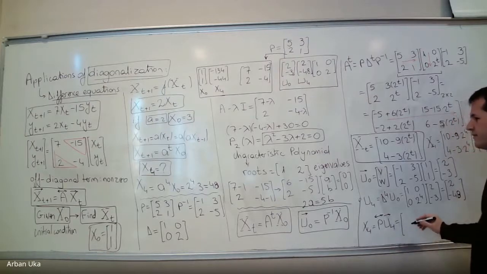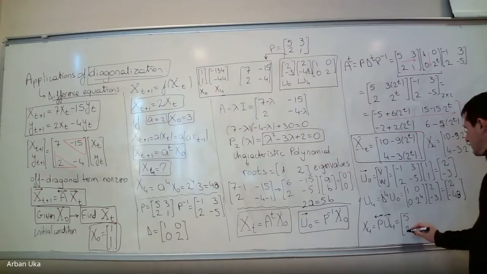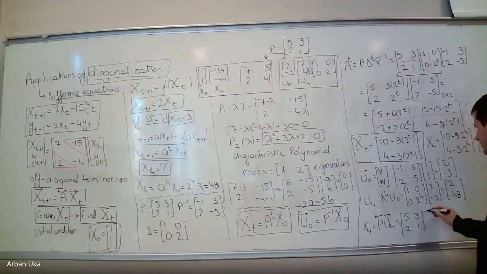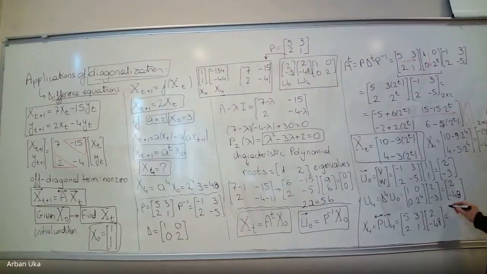So what is p? P is 5, 1, 2, 3 times u4, which is 2, minus 48. And this is equal to 5 times 2, 10, 10 minus 100, and 48 times 3 is 144, minus 134.